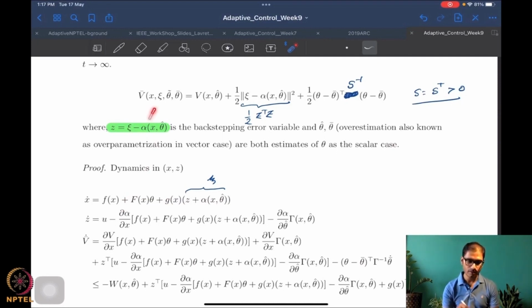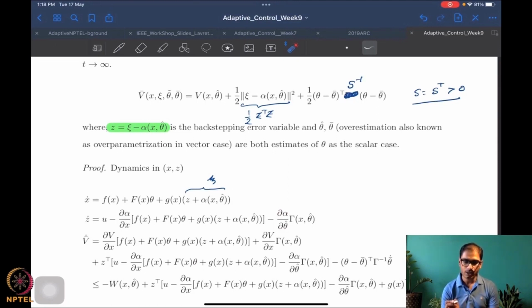So first I take the derivative with respect to x: del alpha del x times x dot, and x dot is just plugged from here. And then minus del alpha del theta hat times theta hat dot.